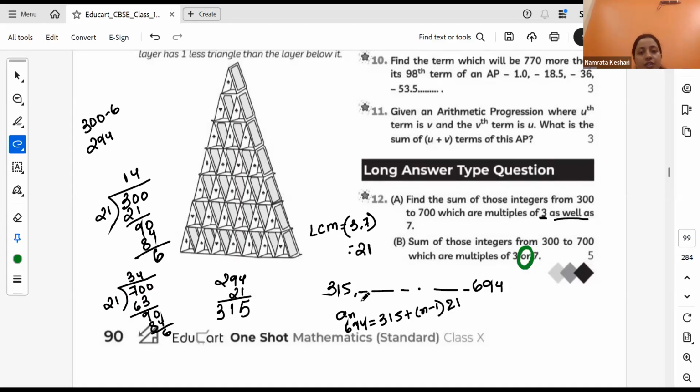First complete part A, then I will explain part B. Tell me what is n. Are you getting a whole number?